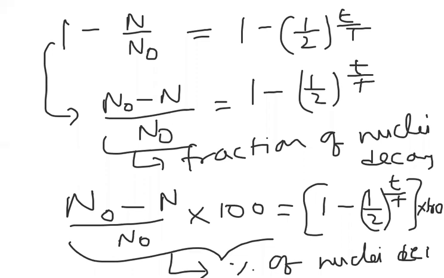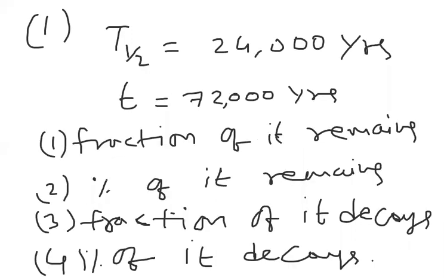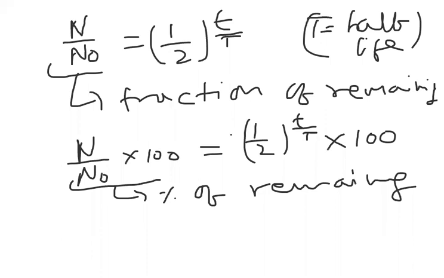Now, according to the given question, let us first observe it. They have given the half-life as 24,000 years and the instantaneous time as 72,000 years. Now we have to find all those things. First, for the fraction of remaining, the formula has 1 by 2 to the power small t by capital T. What is small t by capital T here?